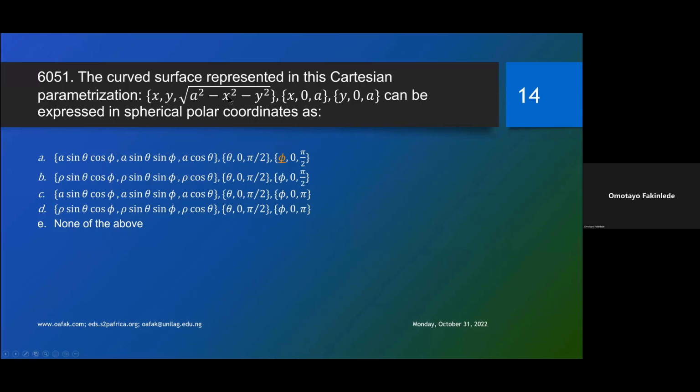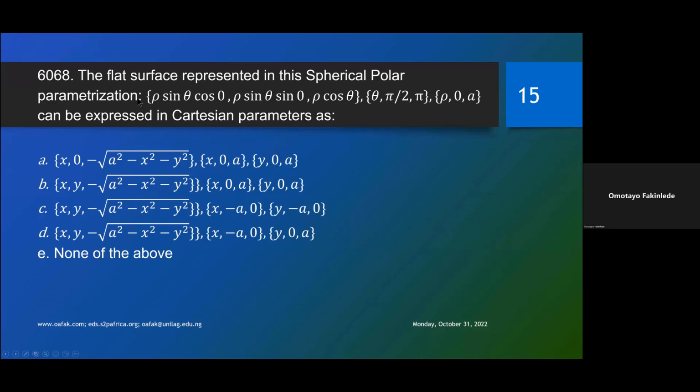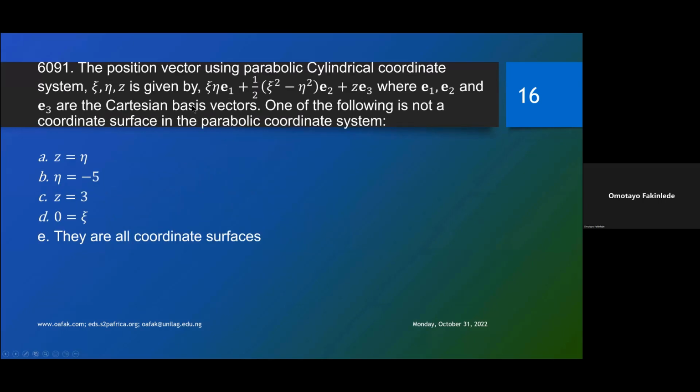This is another example of a flat surface. Now we get to 1691. The position vector using the parabolic cylindrical coordinate system. In this coordinate system, the parameters are xi, eta, and z. And this is the position vector coming from that.